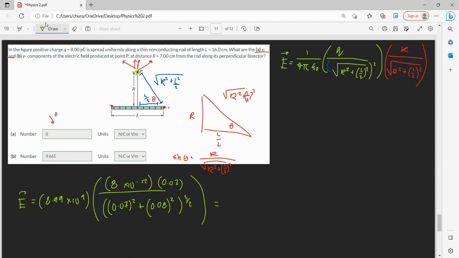And what does that get us? Let's find out. Times 8 times 10 to the negative 12 times 0.07 divided by 0.07 squared plus 0.08 squared to the power of 3 divided by 2.